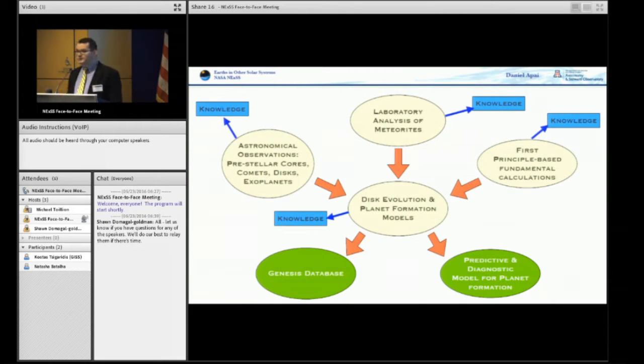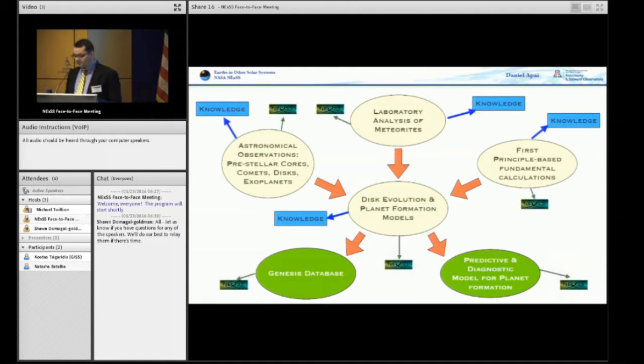So the products of the investigation, in addition to the knowledge generated, are a predictive and diagnostic model for planet formation that's very ambitious and more comprehensive than anything that existed before, as well as the Genesis database, which will contain more than 1,000 simulated planetary systems, complete with their formation history, abundances, and physical and chemical properties.